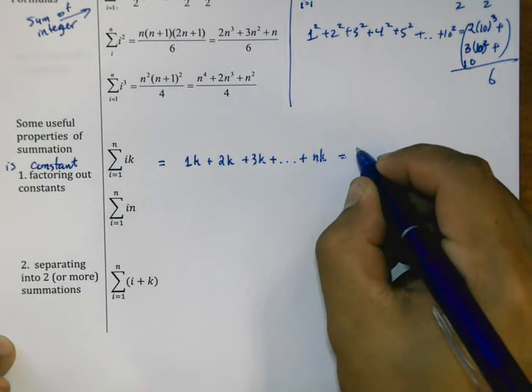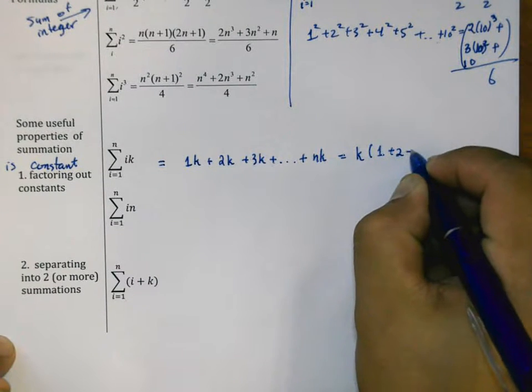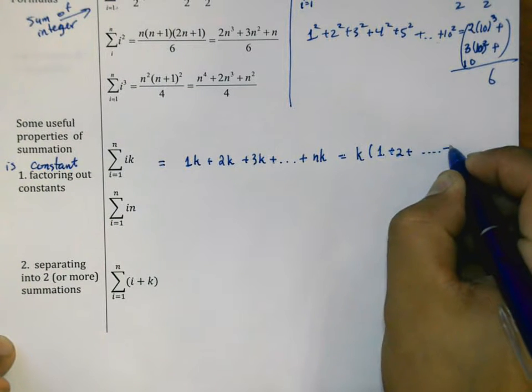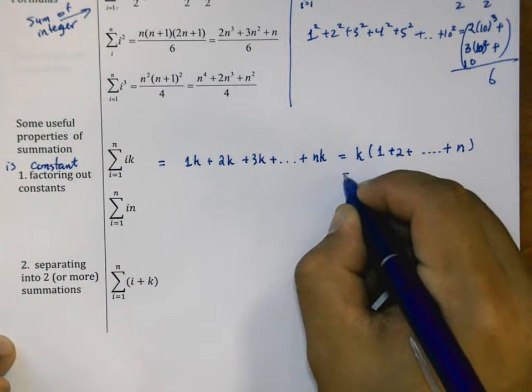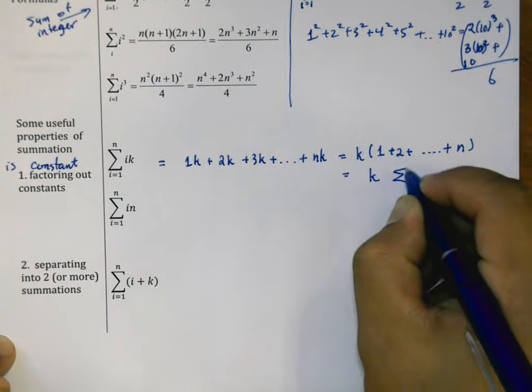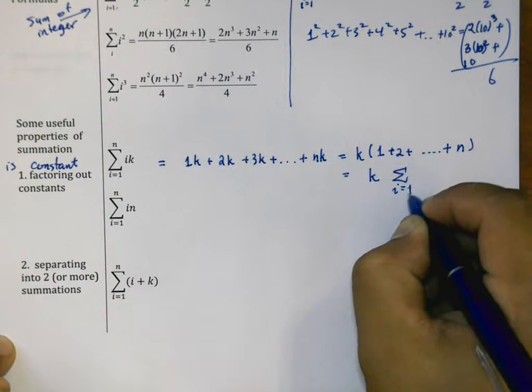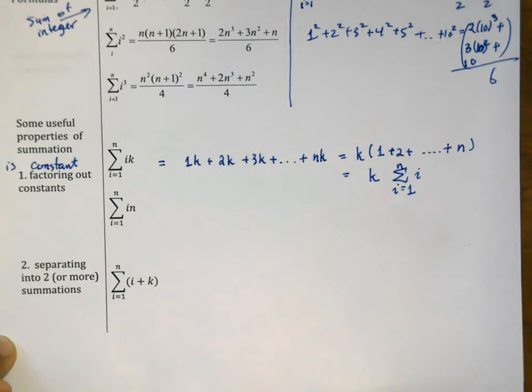But we can then just factor out the k, and we would have 1 plus 2 plus ... plus n. So this is the equivalent of saying k times the summation from i equals 1 to n of i. Okay. So see what we did there?